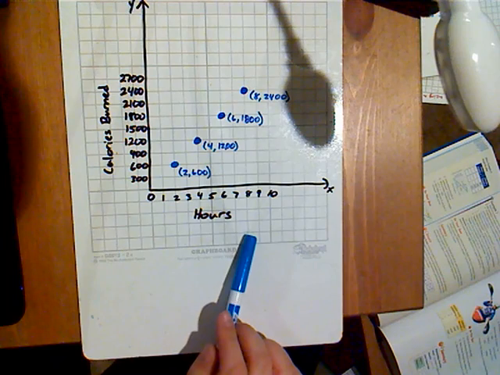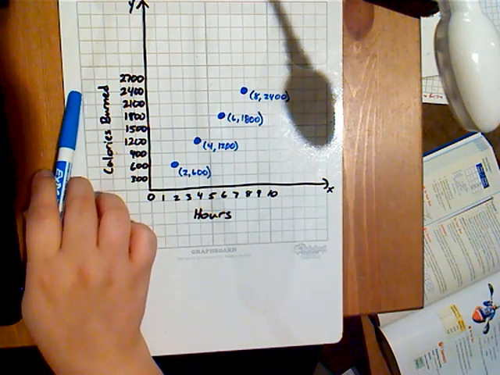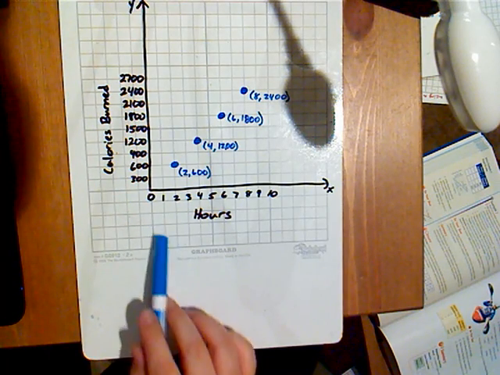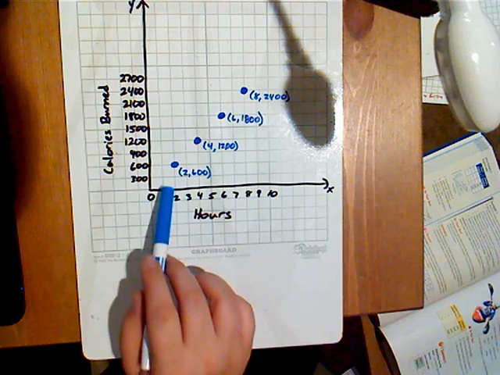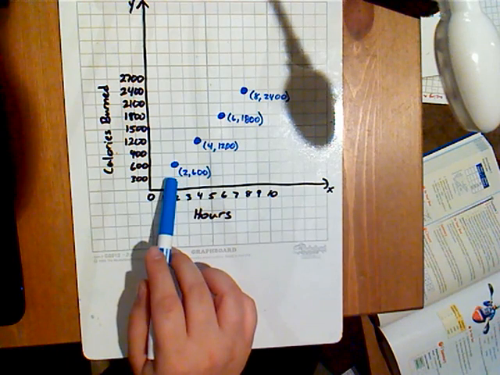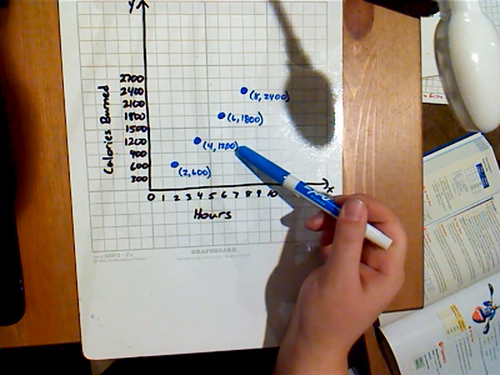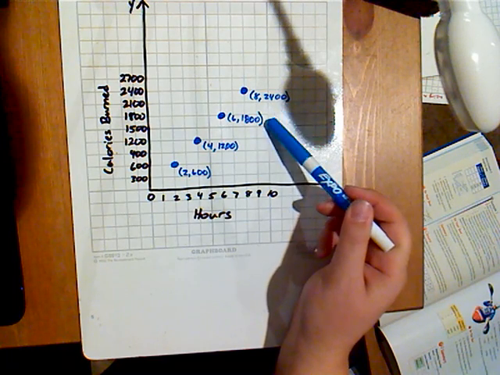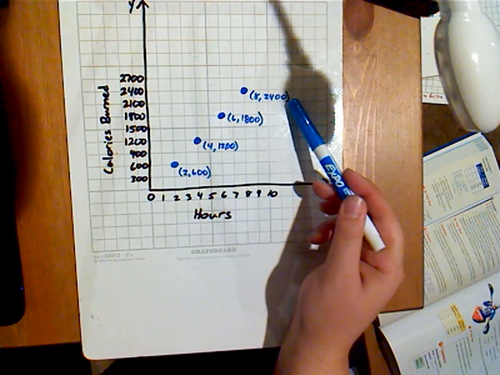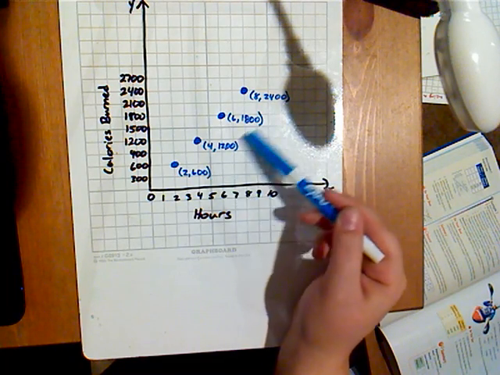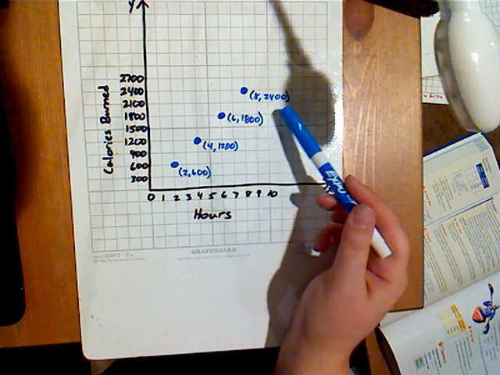We've got hours for x, calories burned is our y. So our first point is going to be 2, 600. Our next one is 4, 1200, 6, 1800, and then 8, 2400. So we've graphed our points and they do form a line.